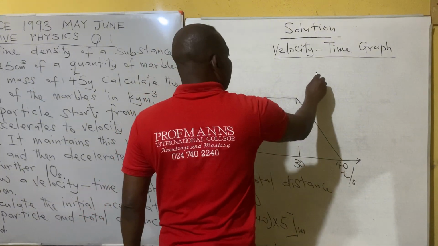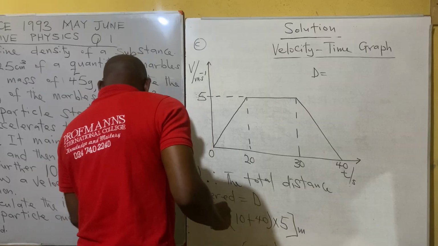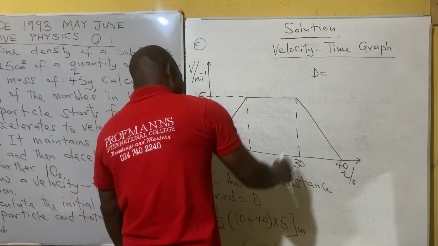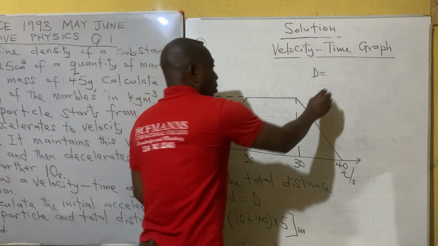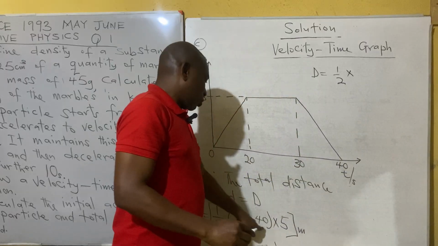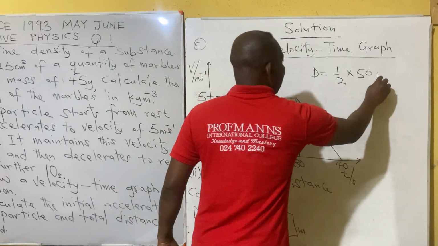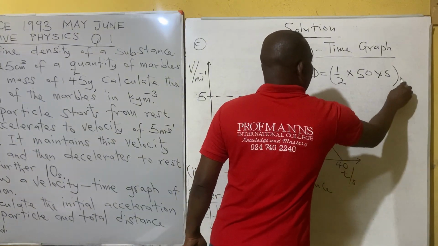So D is equal to 1 over 2 times, we add this to this, it gives us 50, times the 5 meters.